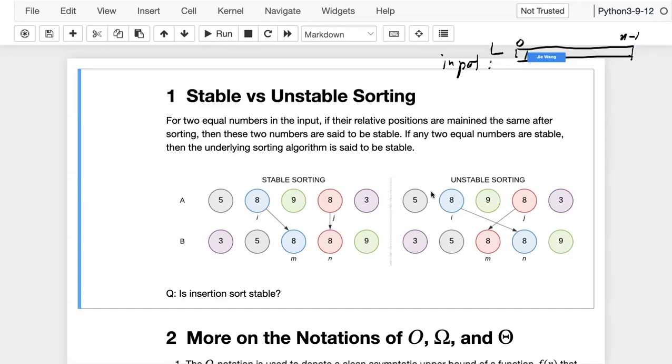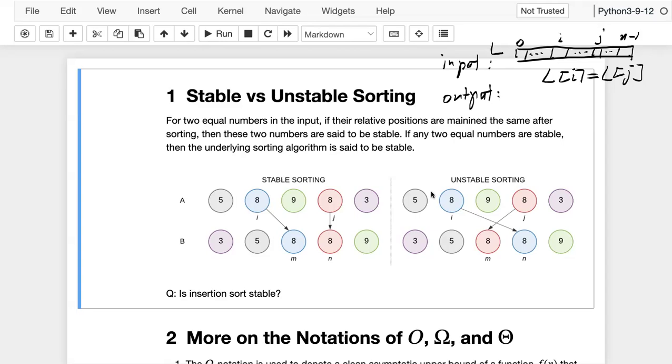So I have n numbers, and for location i and location j, these two numbers are the same. So L of i is equal to L of j. And then in the sorted output, you can place L of i in front of L of j or L of j in front of L of i. They are sorted.